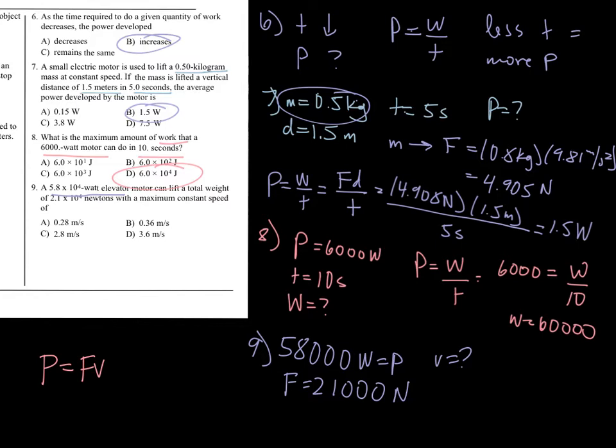Because if you notice over number 7, where I wrote FD over T, D over T happens to be velocity. So you could do F times V as another way to find power. So 58,000 equals 21,000 V, and you get V should equal 2.8 meters per second. C.